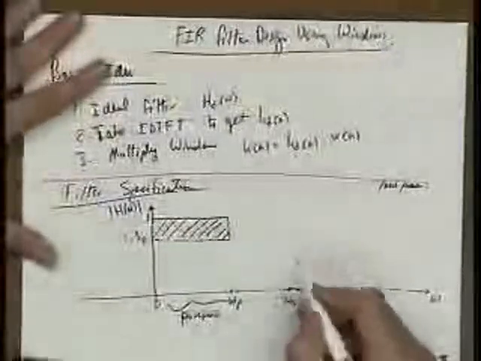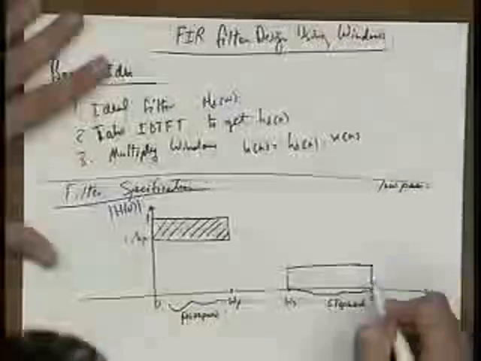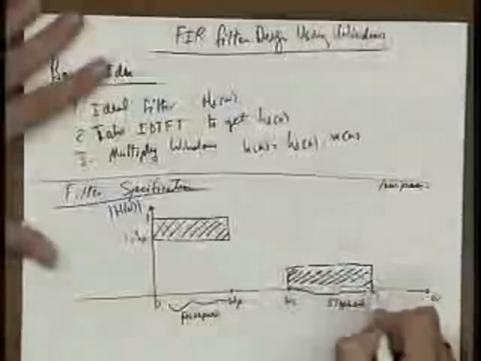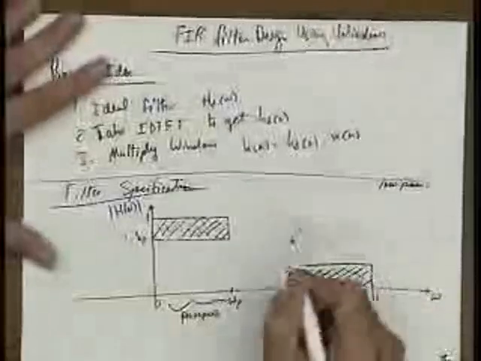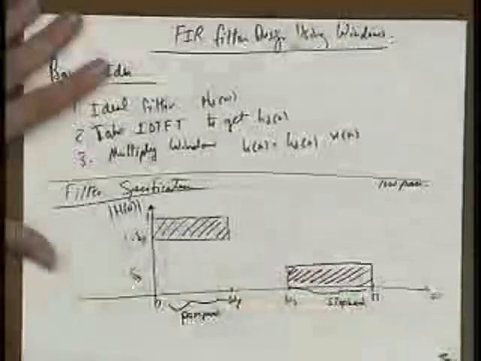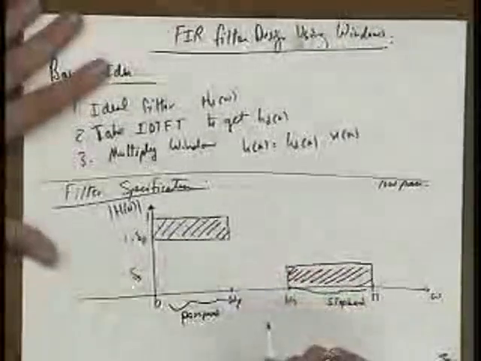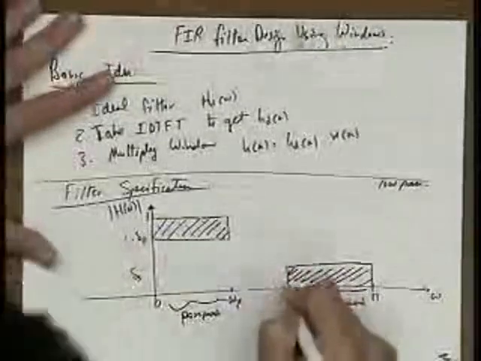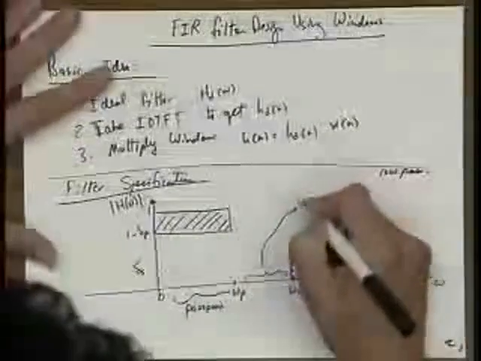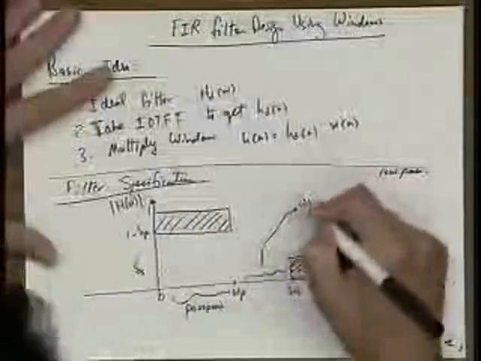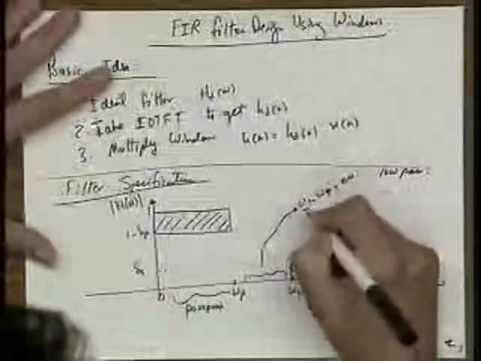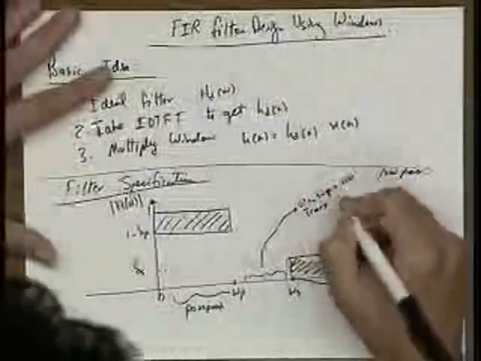And then there's the transition width. At this other end also, we would like it ideally to be smack at 0, but it's not, and so there is some other small ripple, delta sub s. This distance from here to here, omega sub s minus omega sub p, is called delta omega, and it's referred to as the transition width.